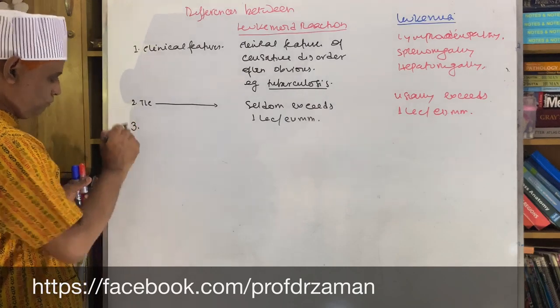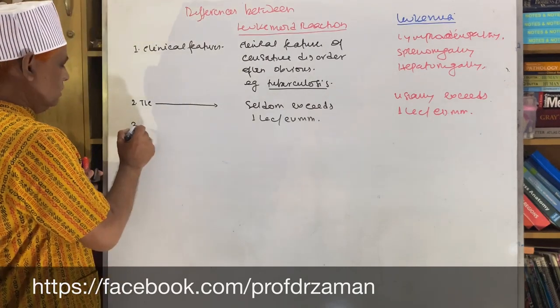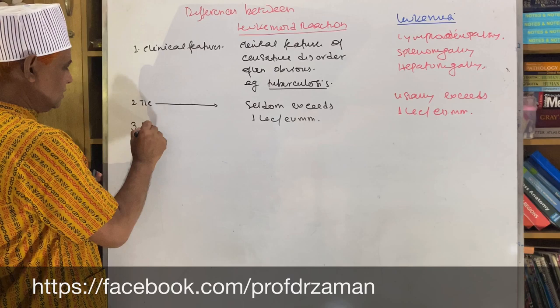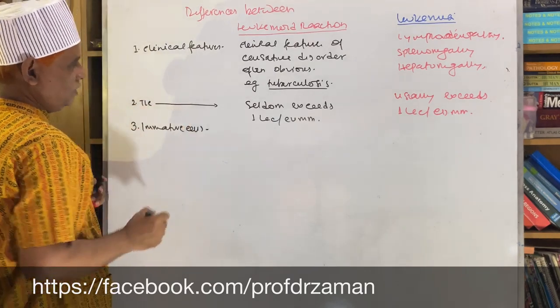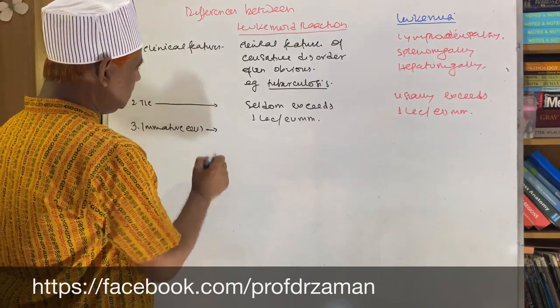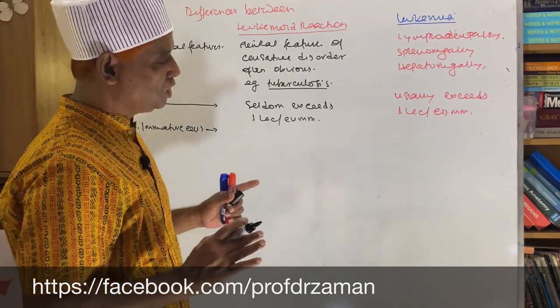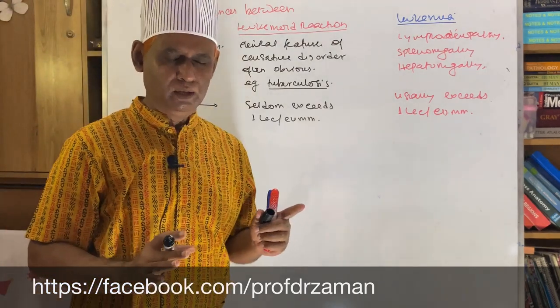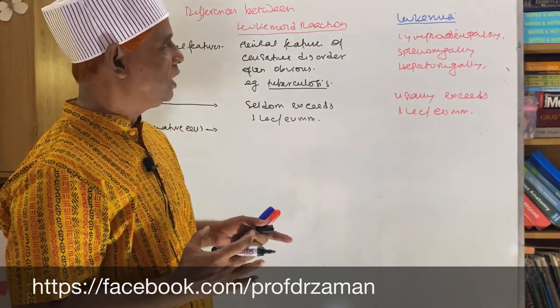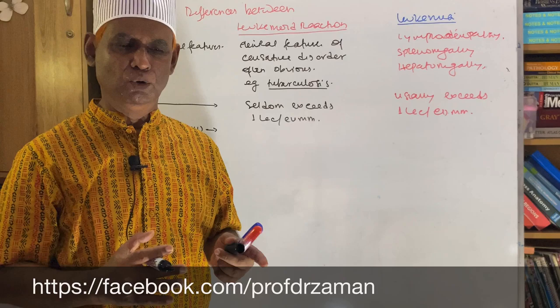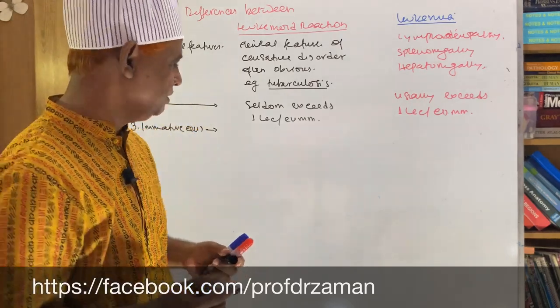Number 3, invasive cells. Dear audience, you know, if we declare a case, the invasive cells either in bone marrow or in peripheral blood, in case of leukemia, should be more than 15%.